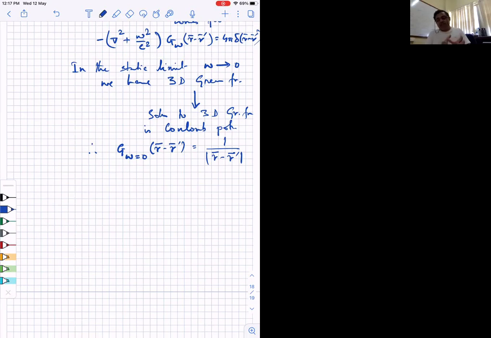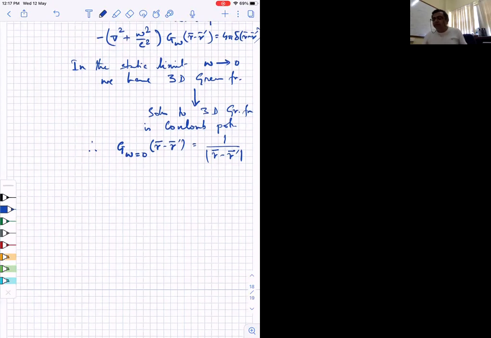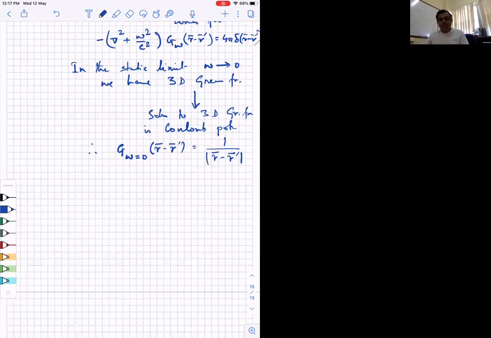We can take our XYZ coordinates and just put the source at the origin. So we can say that my R prime is basically 0. There is no loss of generality in that.